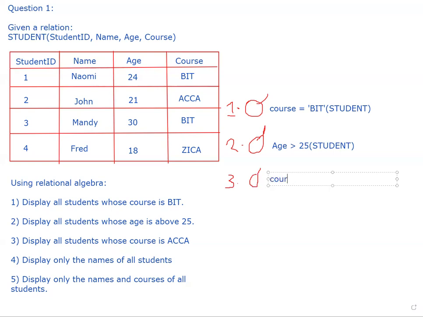So course equals SCCA. Then you place the name of the relation, which is student. Accurate, yes. Just like that.